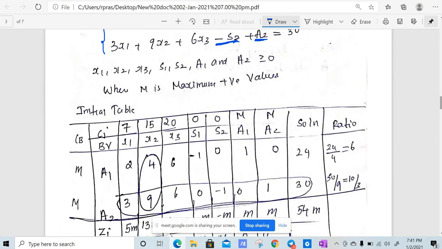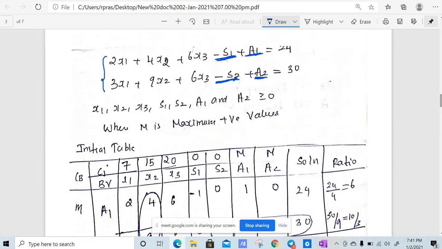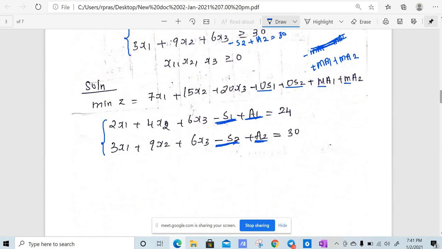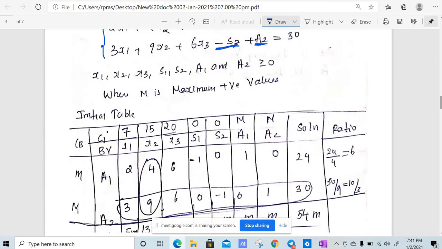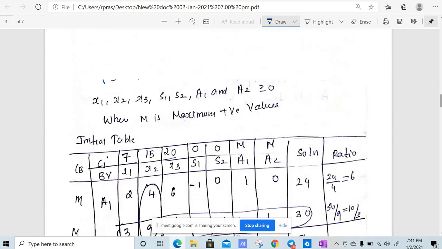Since our problem is a minimization problem, it is enough to write only the two artificial variables a1, a2. The coefficient for a1 is m and for a2 is m, and you just fill up these two lines. These are very easy.